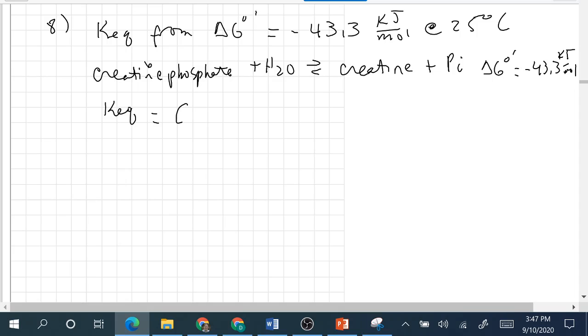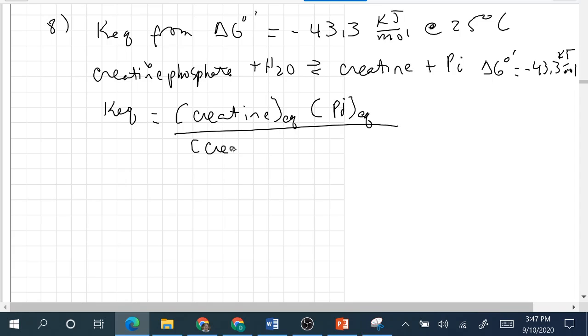KEQ is equal to the concentration of products over reactants, so that's creatine at equilibrium times inorganic phosphate at equilibrium, over creatine phosphate at equilibrium. The water doesn't count.